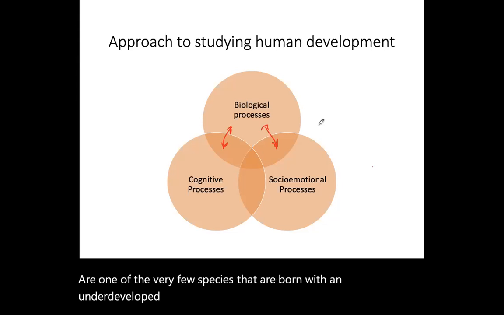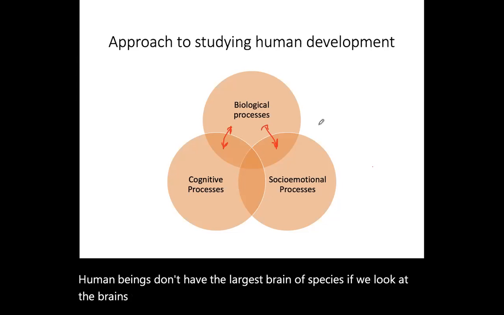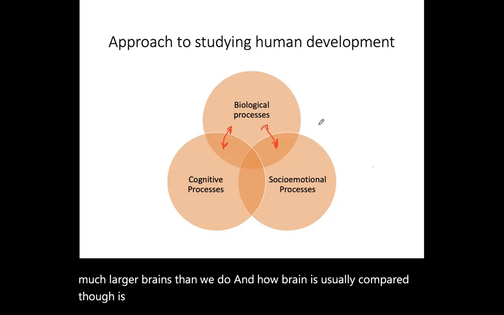Now, to express this, human beings don't have the largest brain of any species. If we look at the brains of elephants and larger mammals, they definitely have much larger brains than we do. How brain size is usually compared, though, is to body mass.